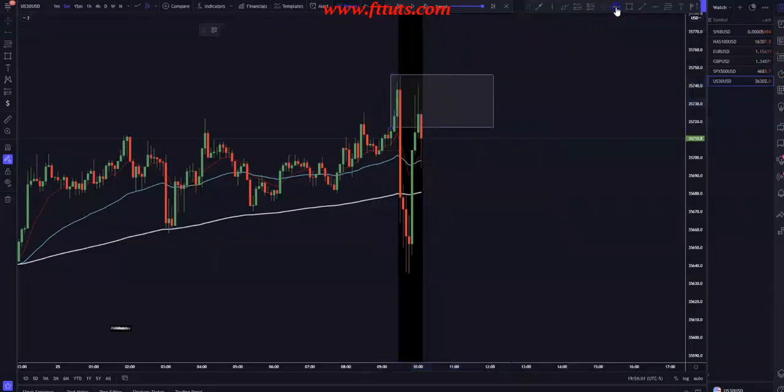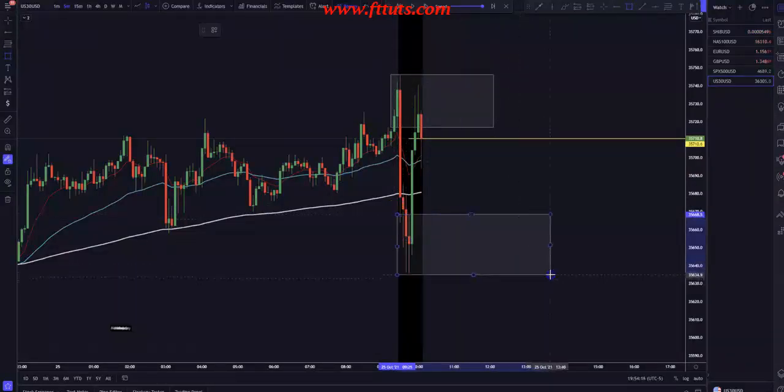So you know what? I'm going to actually take the setup right here, and we're going to aim to fill this gap. That's what we're going to do. We're going to aim to fill this gap in right here. And honestly, now that I'm looking at it, this is also demand.